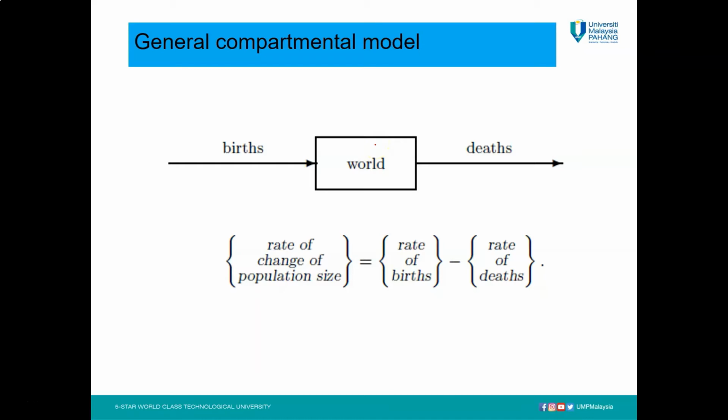We can think of the population as occupying the compartment, and the rate of change can be considered as the rate in minus the rate out. Thus, we have what is called the balance law. In words, rate of change of population size is equal to the rate of birth minus the rate of death.